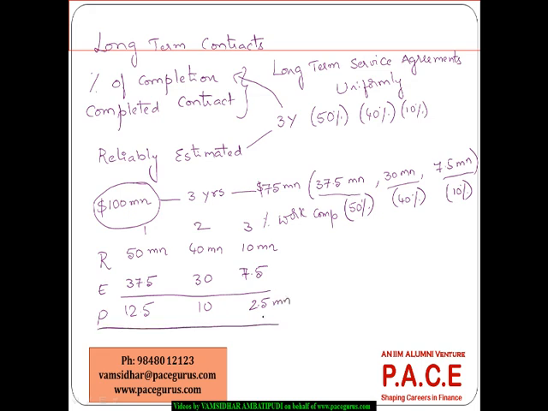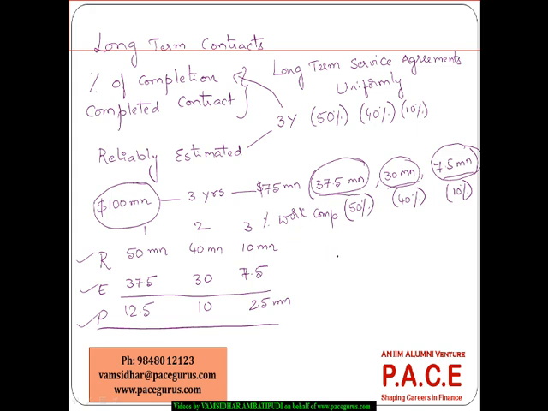So this is the way the percentage completion contract method works, right? The revenue, the expenses, and the profit are recognized based on the percentage of the work that is completed. And the percentage of the work that is completed is purely based on the cost incurred in each of the periods as a proportion of the total cost.